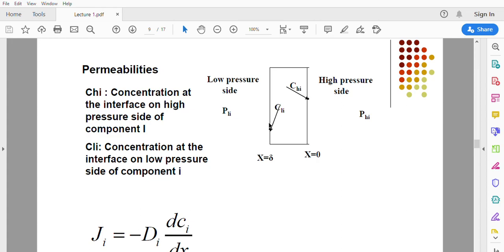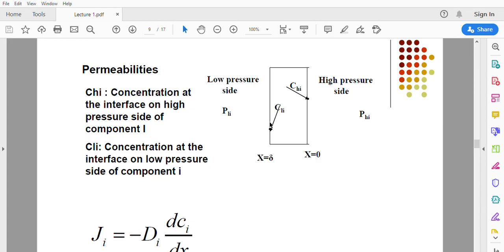Here the concentration is lower than the concentration at the feed side. So when it diffuses to the other side of the membrane, the concentration of the ith species will become CLI. CLI is the concentration at the surface of the membrane on the permeate side, the lower pressure side.